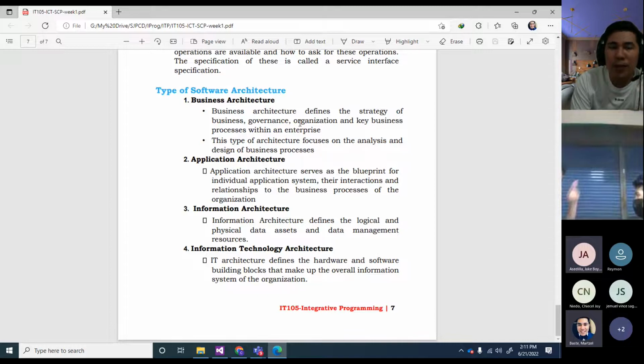And with information architecture, we usually use servers, database servers, whether you're using Oracle, MySQL, or MS SQL Server, or real-time database servers.